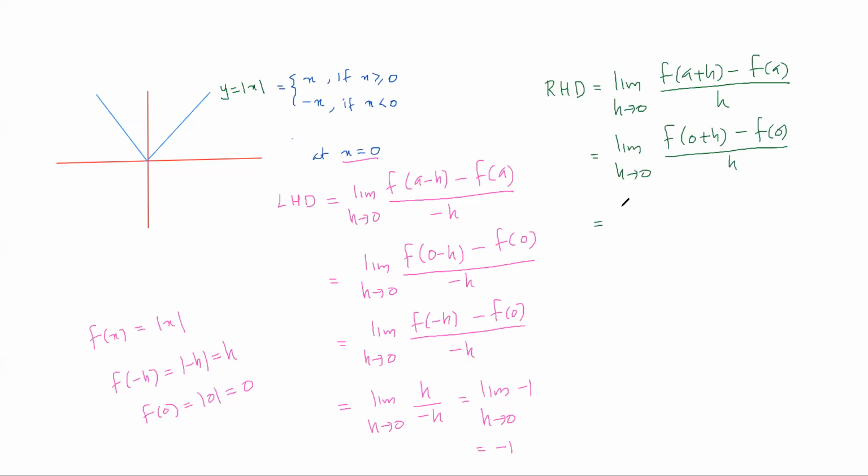That implies limit of f of 0 plus h, that is f of h. Since f of x is mod x, that is h, minus f of 0, modulus of 0 is 0, divided by h as h goes to 0. That is the limit of 1, which is 1. The limit of a constant is that constant.